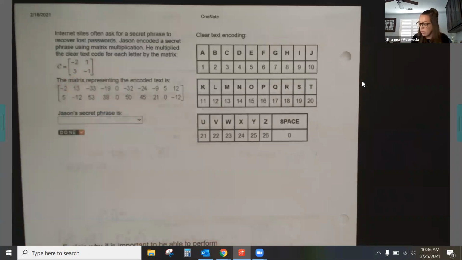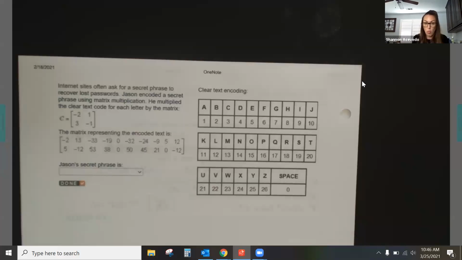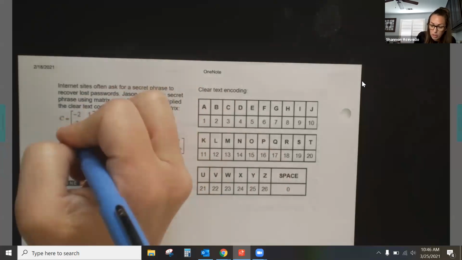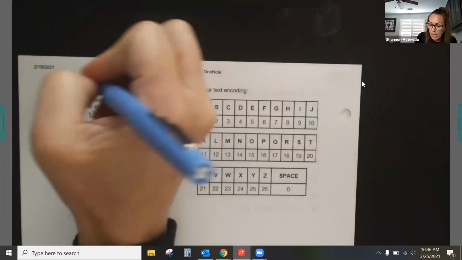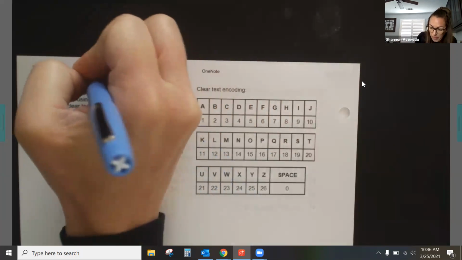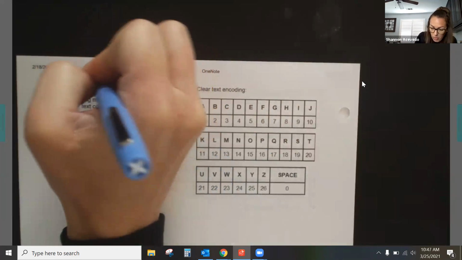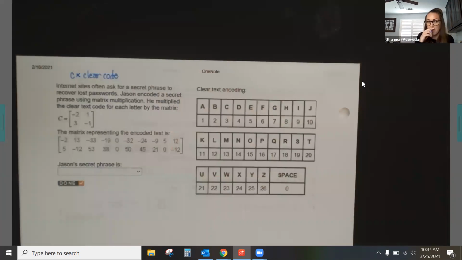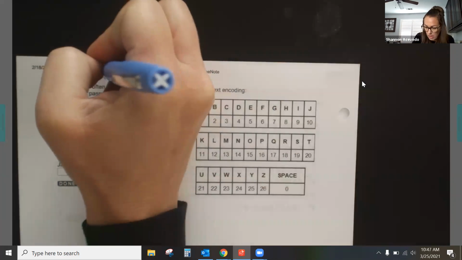Okay, so what is this telling me? What this is saying, and this is how they're all going to work, is that he takes this matrix C and he multiplied it by the clear text code.